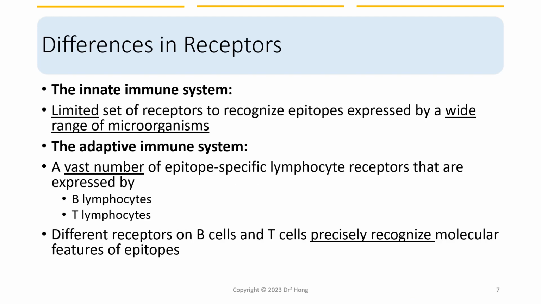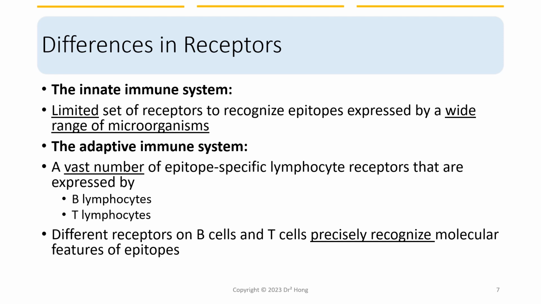When we look at the differences in receptors between different branches of the immune system, the innate immune system usually has a limited set of receptors that can recognize epitopes expressed by a wide range of microorganisms, meaning these epitopes or antigens are commonly conserved between different species of microorganisms.